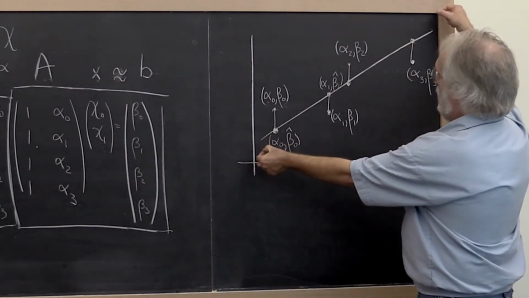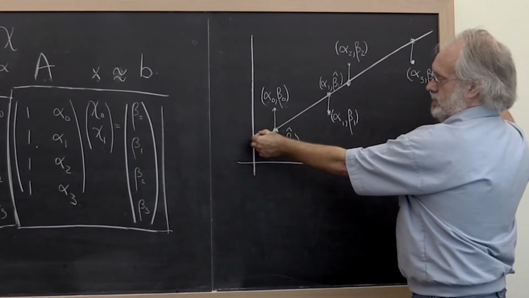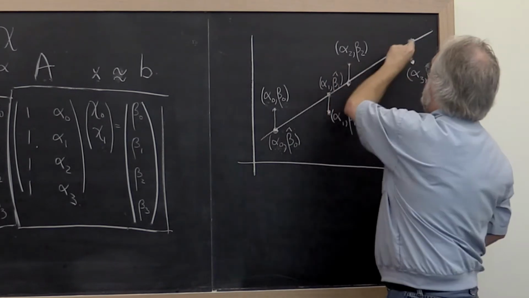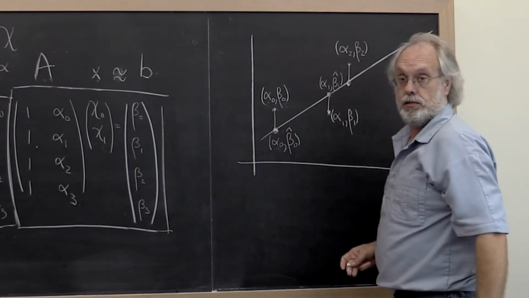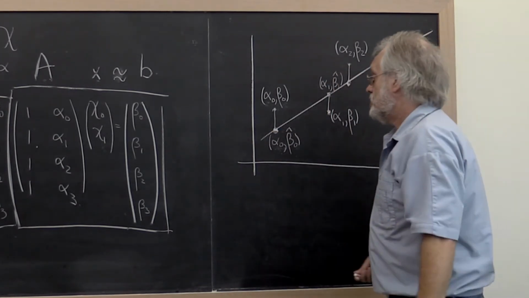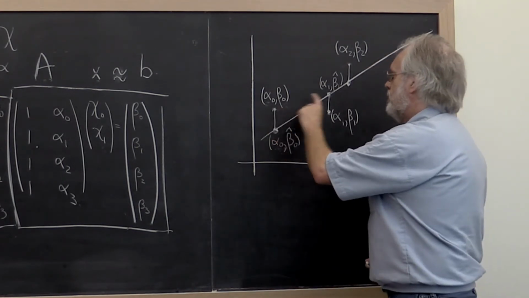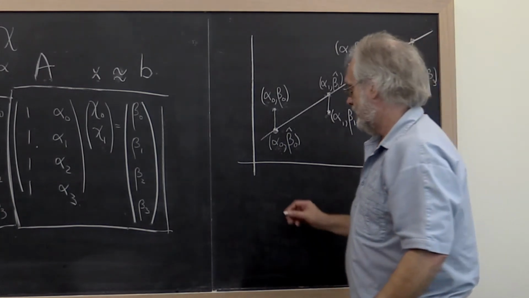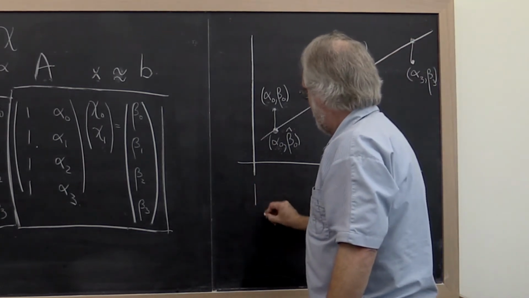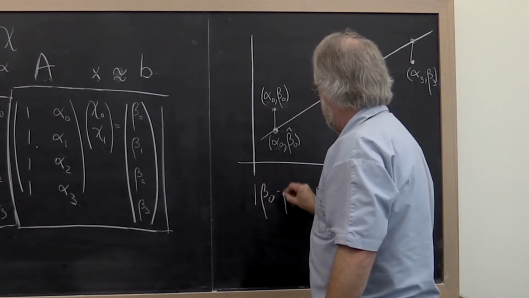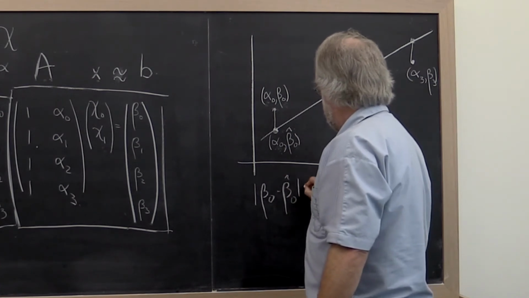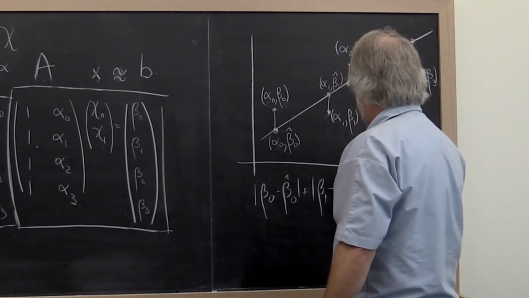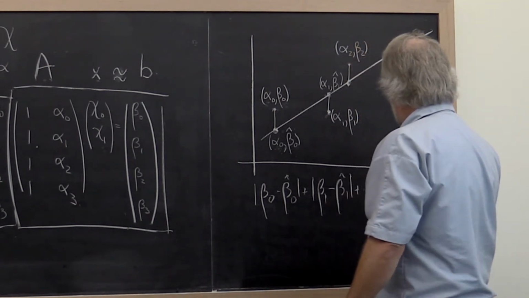Now, the question becomes, which line is best? Well, these distances here tell us something about how good the line is. So one thing we could say is, we want the sum of these distances to be minimized. In that case, you would be minimizing beta 0 minus beta 0 hat, and then beta 1 minus beta 1 hat, and so forth.